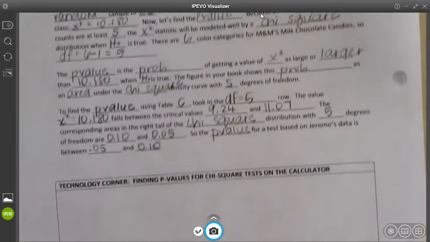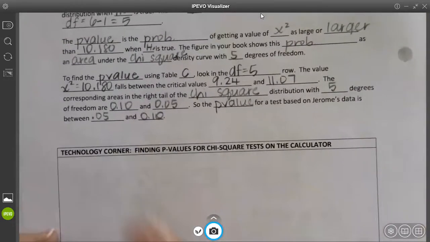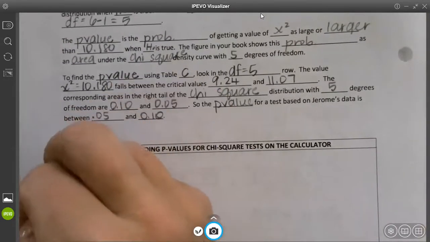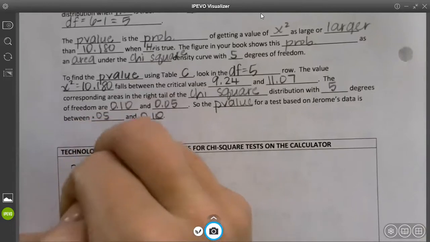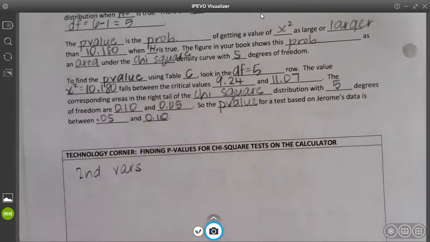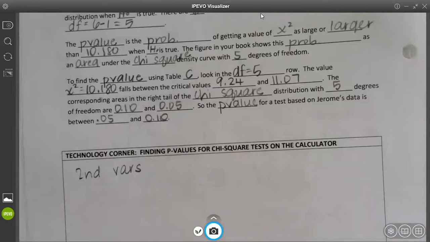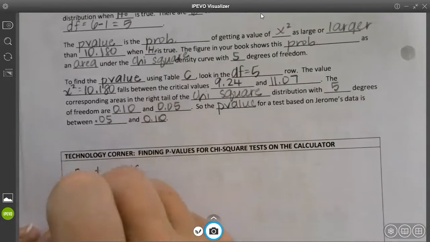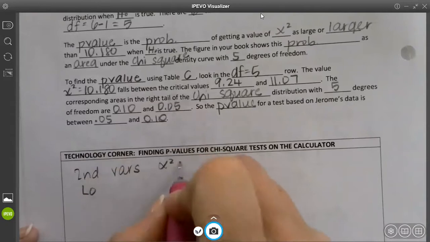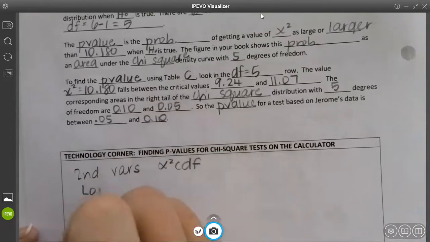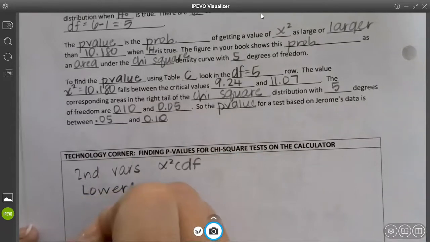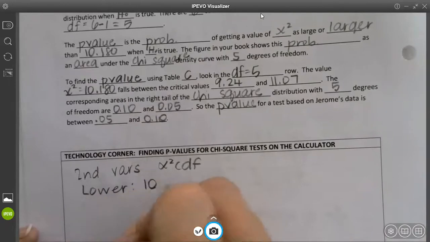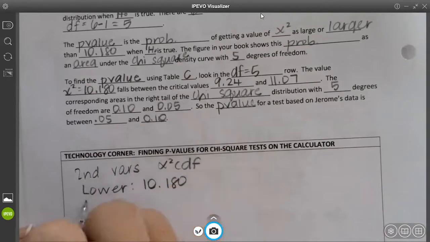All right. To find the actual p-value on the calculator, you go to second bars. Chi-square CDF. Your lower is going to be your 10.180.